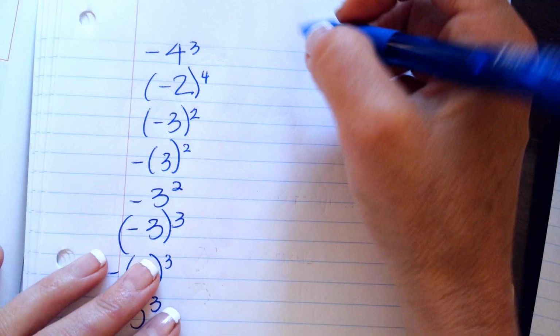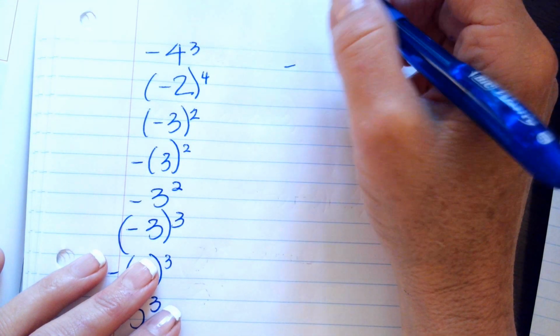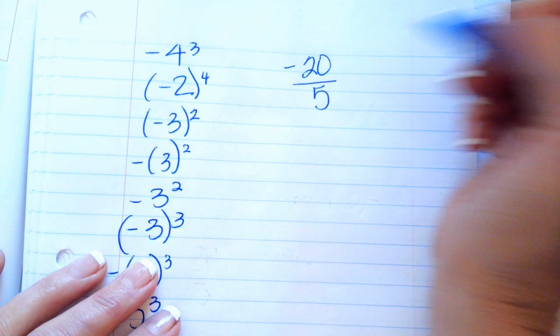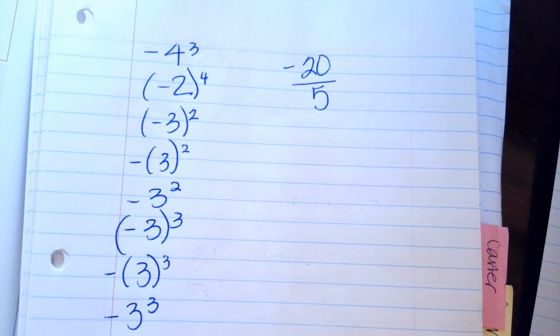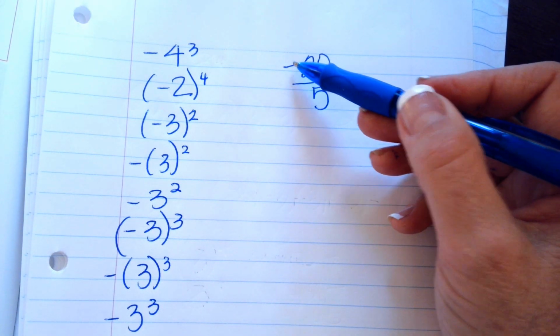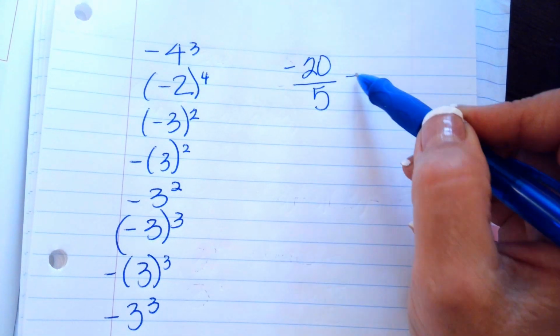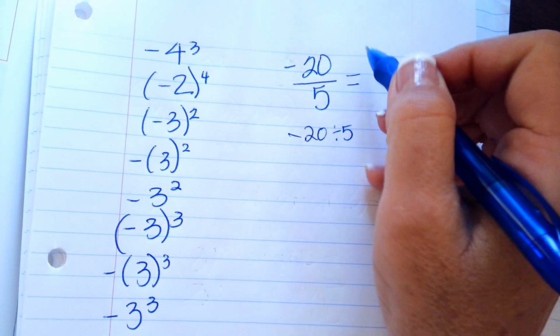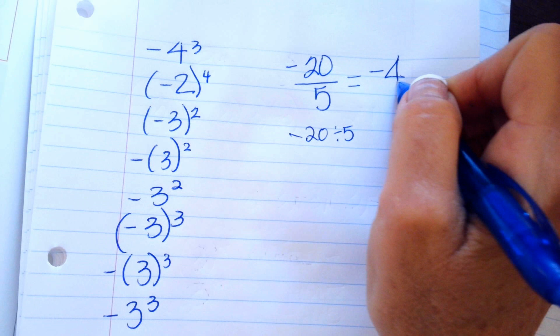Okay, so sometimes they might do something like this. Negative 20 divided by 5, it's still an odd number of negatives. This is going to follow. So it's like doing negative 20 divided by 5, so it would be negative 4.